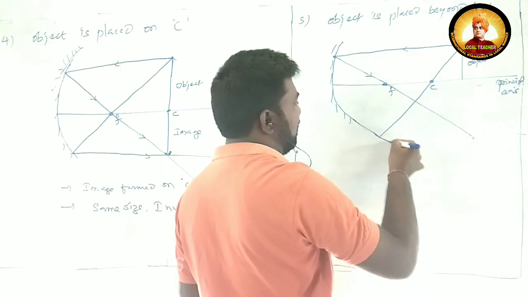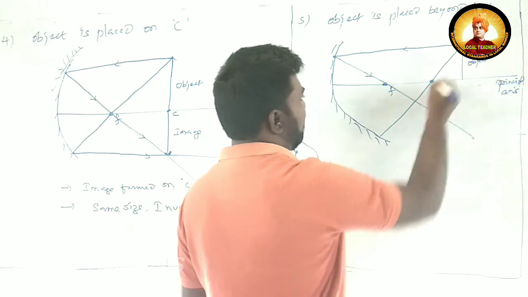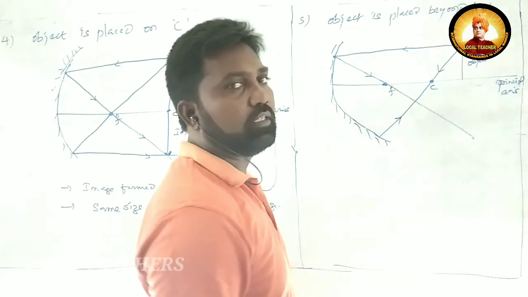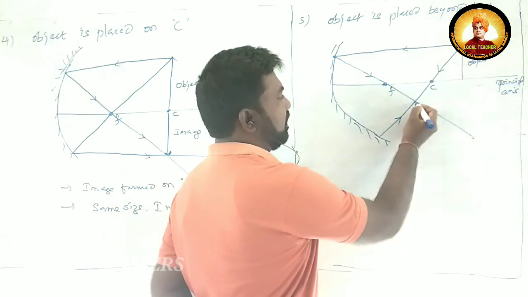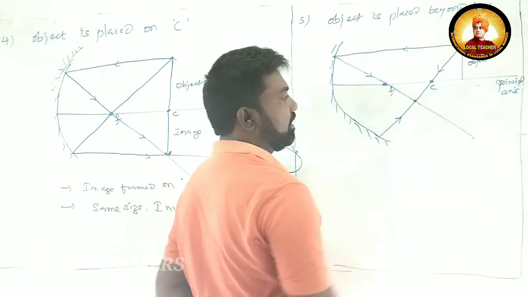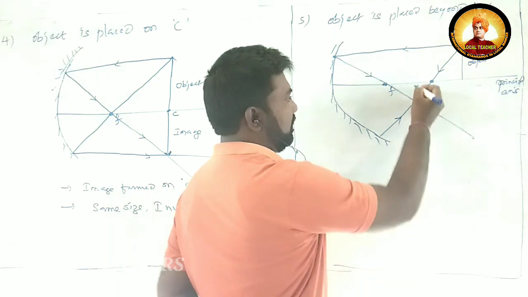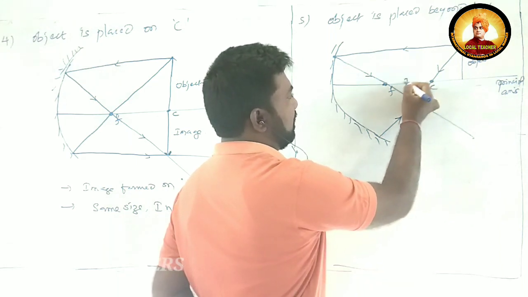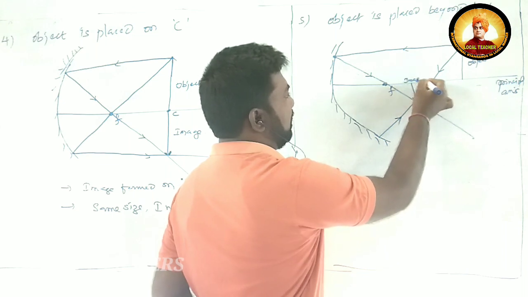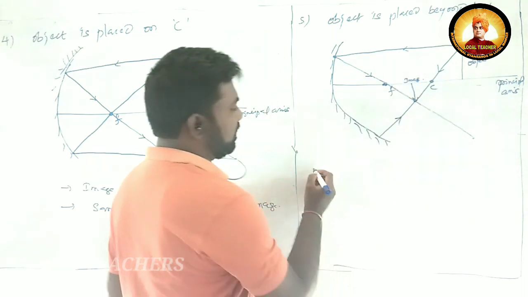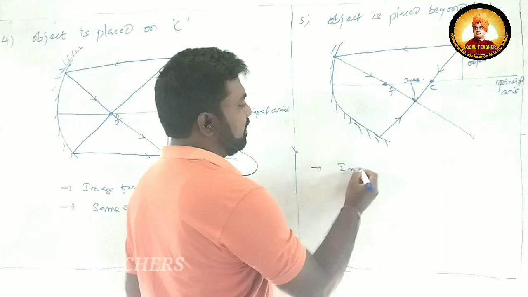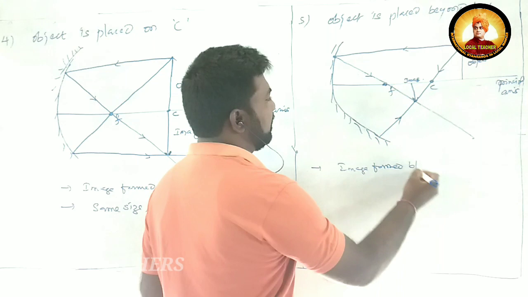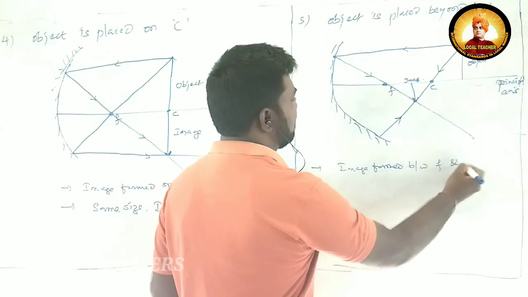The incident ray which passes through the center of curvature gets reflected along the same path only. Observe here, the two reflected rays intersect. Here it forms the image. If we observe the image, the image is formed between F and C.